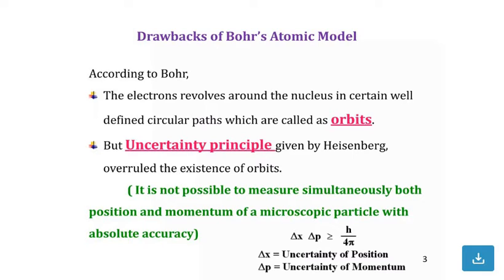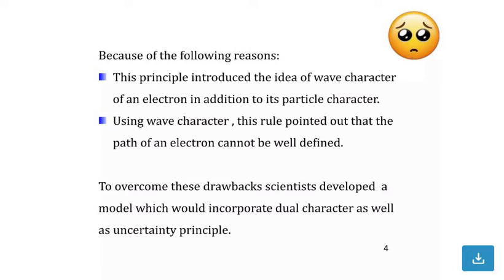But the uncertainty principle given by Heisenberg overruled the existence of orbits, and it is not possible to measure simultaneously both position and momentum for a microscopic particle with absolute accuracy. Then you have this formula: del x del p is greater than or equal to h by 4 pi, where del x is the uncertainty of position and del p is the uncertainty of momentum.